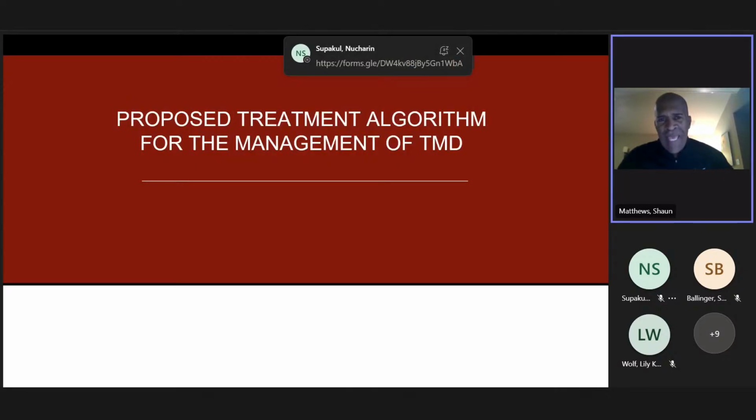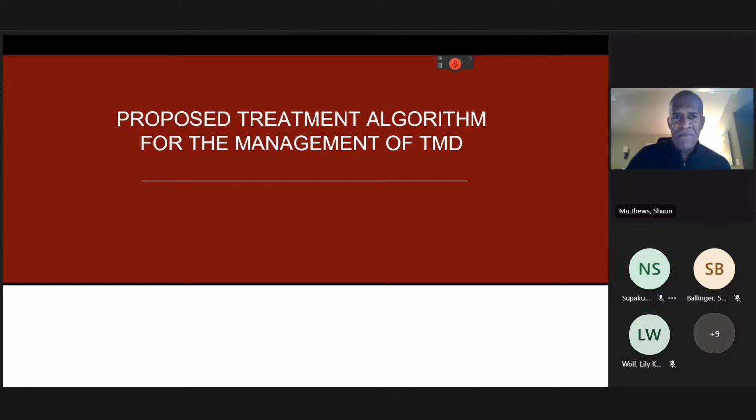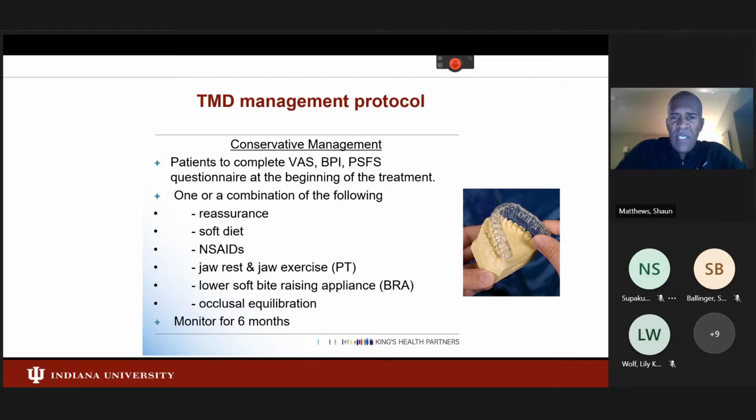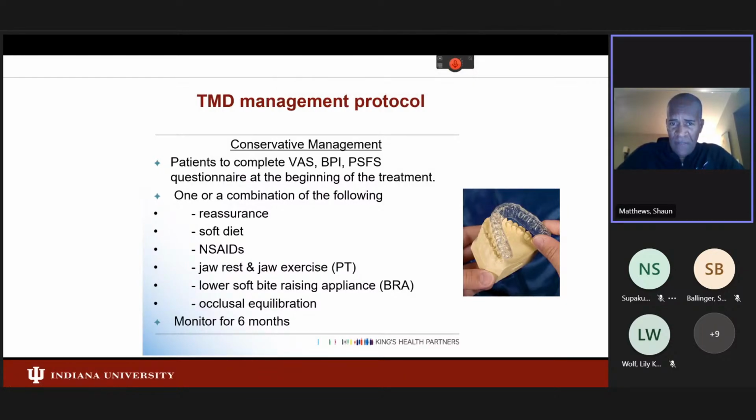Now, what I want to do is take you through my algorithm, my surgical algorithm for treating patients with temporomandibular dysfunction. Almost always, it will be conservative or non-surgical in management first. It's important that I have an objective measure whether that patient's symptoms are improving or not. So I have a measure of their pain scores, like the Visual Analog Scale for Pain, the VAS, or the BPI, which is the Brief Pain Inventory, is another index I will also use to annotate the patient's pain over the TMJ clinically.